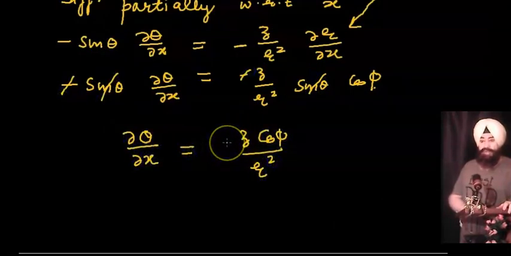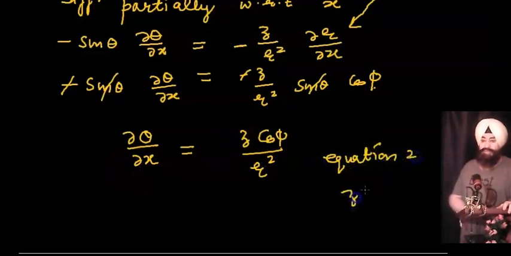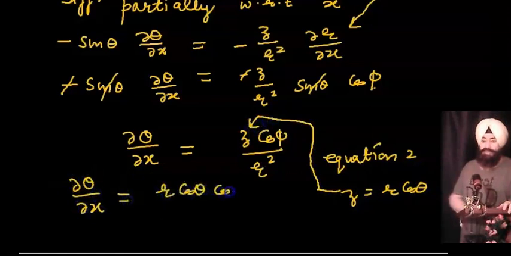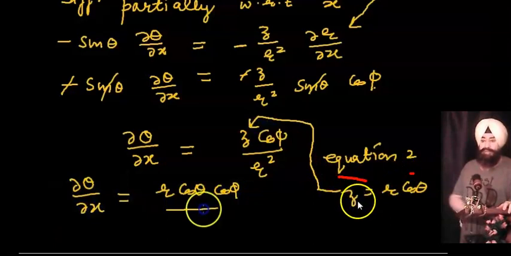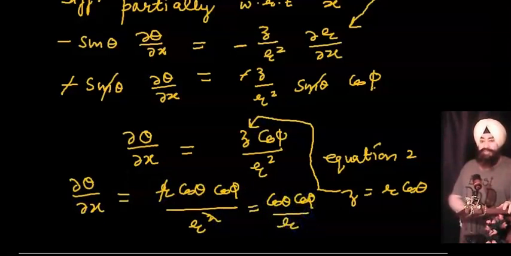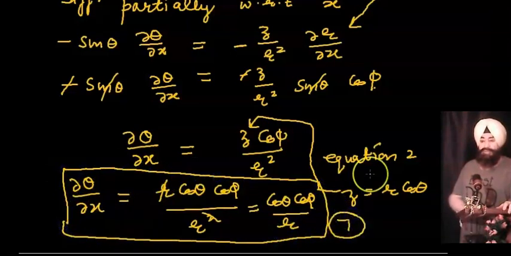So curly theta by curly x equals z cos phi upon r square. From equation 2, z was equal to r cos theta. Substituting here, r cancels out. This is curly theta by curly x, equation number 7.